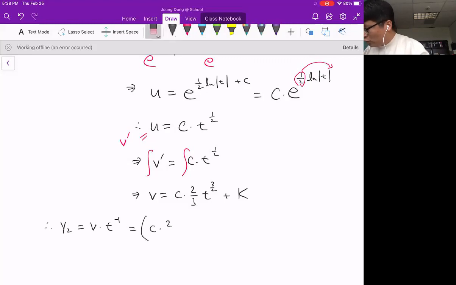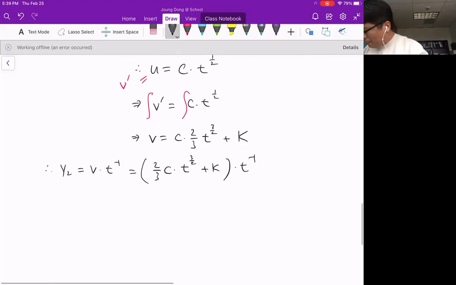It might be better to write 2/3 c times t to the 3/2 plus k, and t to the -1. Okay, distribution. It is equal to 2/3 c times t to the 3/2 minus 1, which is t to the 1/2, plus k times t to the -1 now.